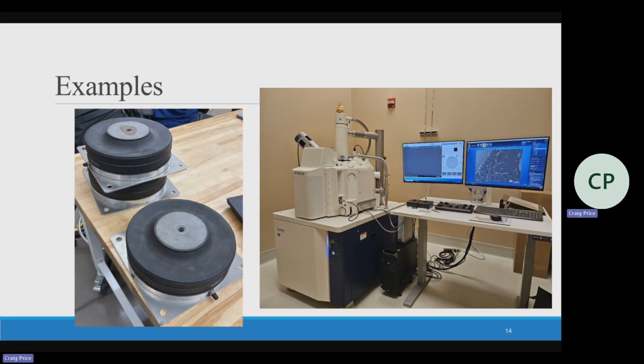I want to give you some quick examples. Last semester, I actually found these in the capstone area. I think there was a group trying to make a vibration damping table. What they found were these nice mounts; these are rubber, but they're also filled with air. These are heavy duty mounts to make sure that we have some separation of the table from the floor.